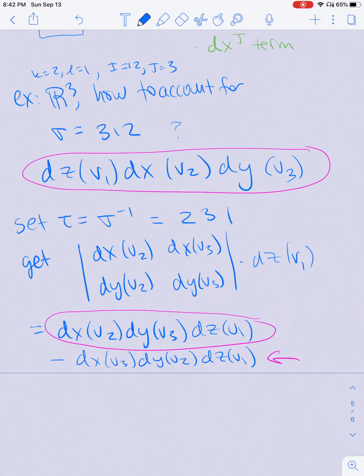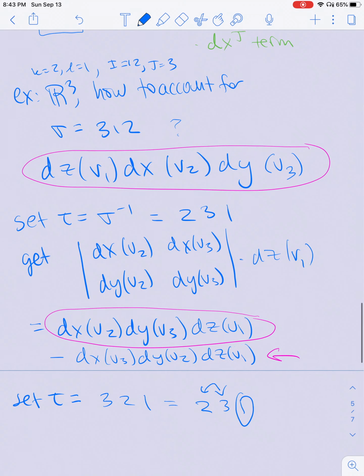So what am I going to do to deal with this other term? Well, let's set tau equal to 2, 3, 1, but with the first two terms switched. So it's a permutation that leaves this last piece fixed, but switches something in the first part.